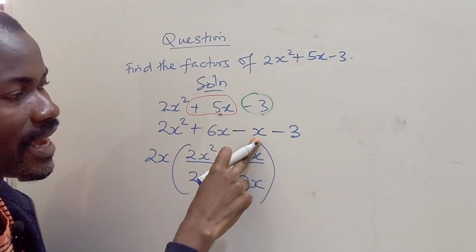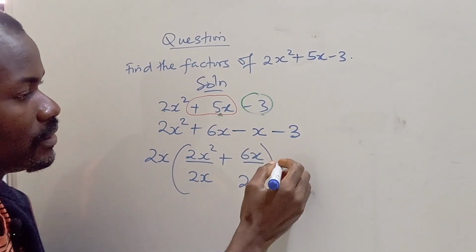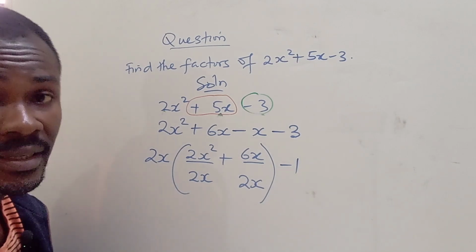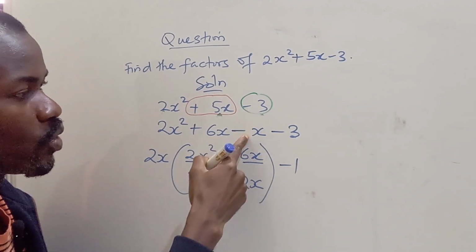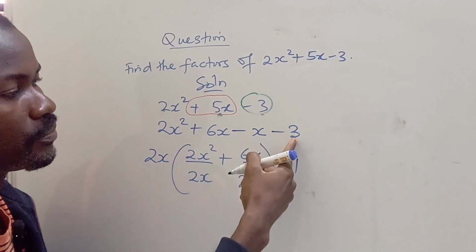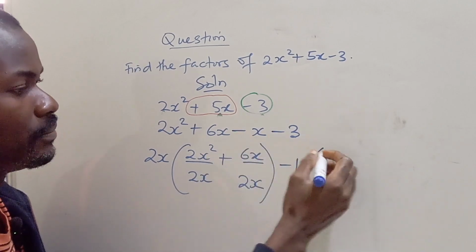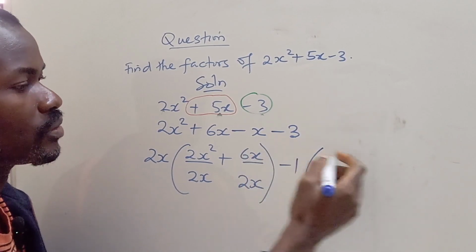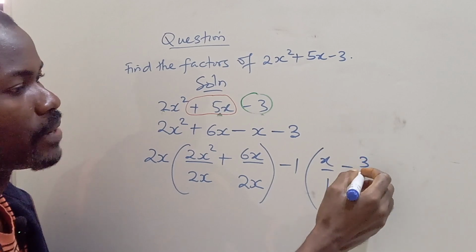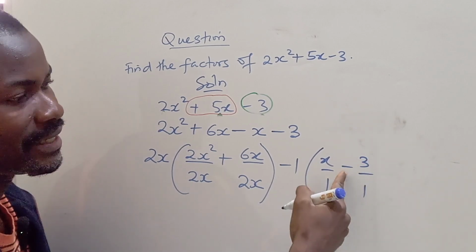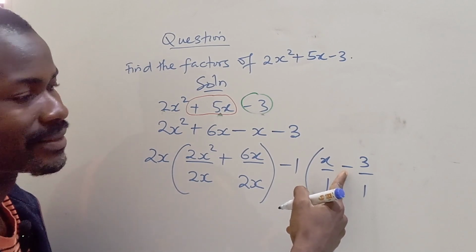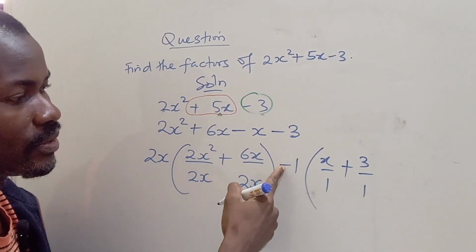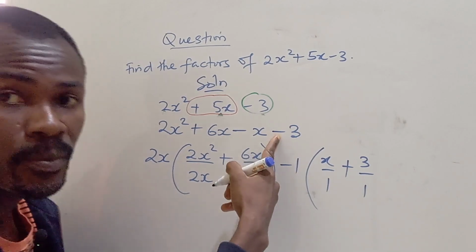Now for the minus x minus 3, what is common? We can have just minus 1, because I have minus 1 here and minus 1 times 3 here. So we divide minus x by minus 1, and we divide minus 3 by minus 1. But this is no longer minus, it's going to be plus, because if this is plus, this has to be plus. Your minus times your plus is going to give you minus here.